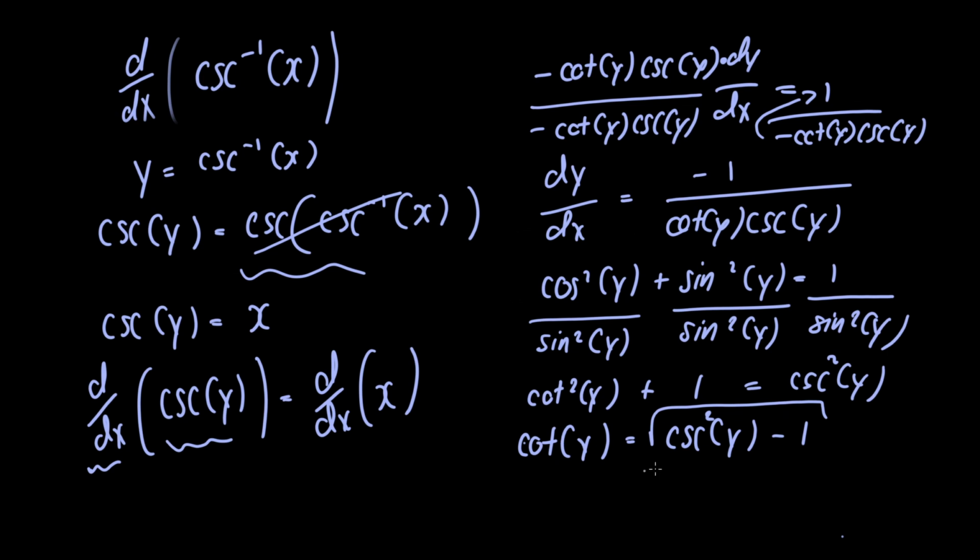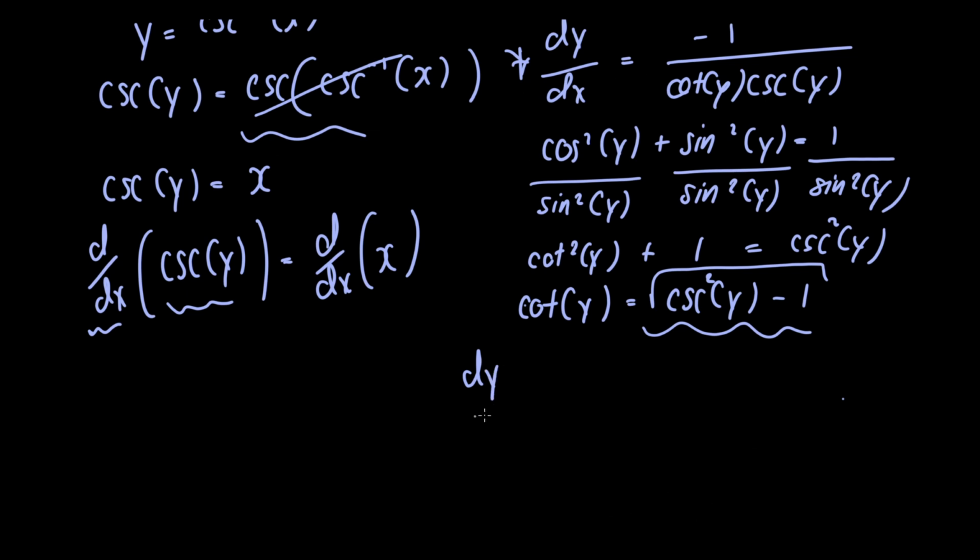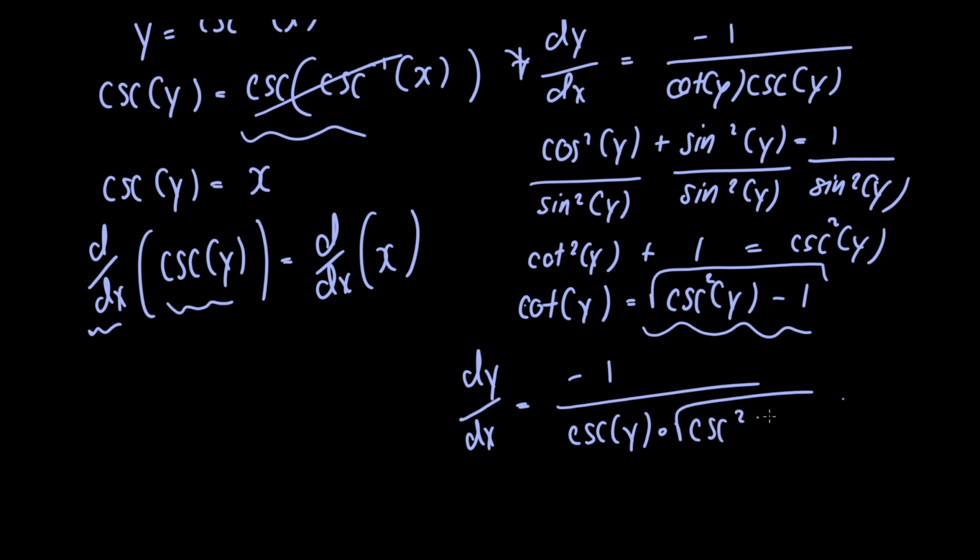This is going to allow us to substitute this value here into the equation up here for cotangent of y. So let's go ahead and do that. We're going to have dy over dx equals minus 1 over cosecant of y times the square root of cosecant squared of y minus 1.